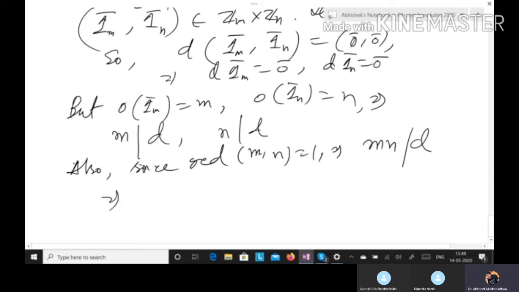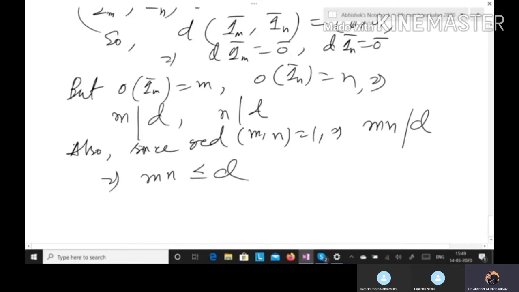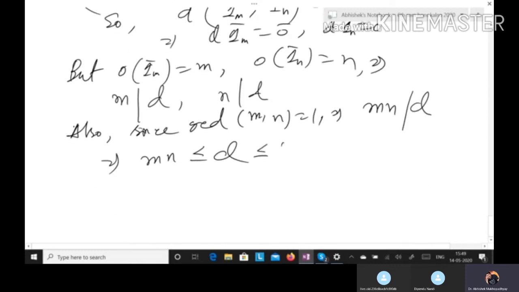So since it divides d, mn must be less or equal to d. Now again d is the order of (1m, 1n), so d must be less or equal to mn. So this proves that the order of (1m plus, 1n plus) is d, and d is equal to mn.